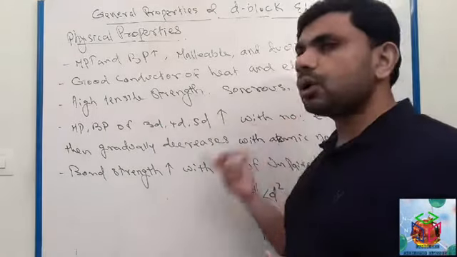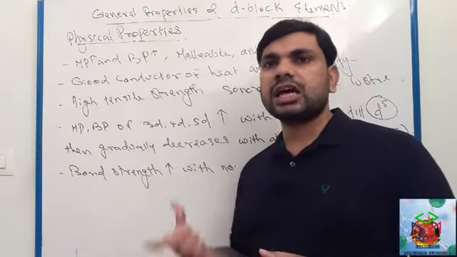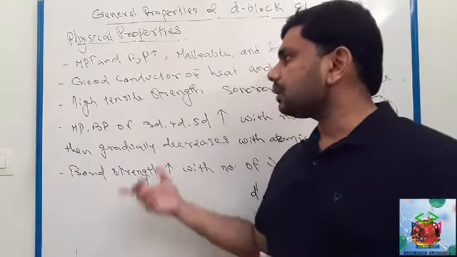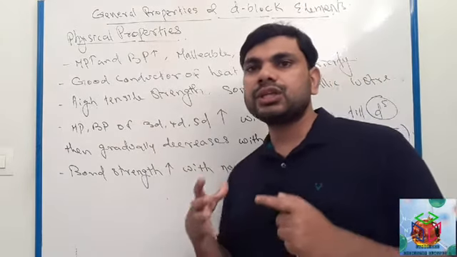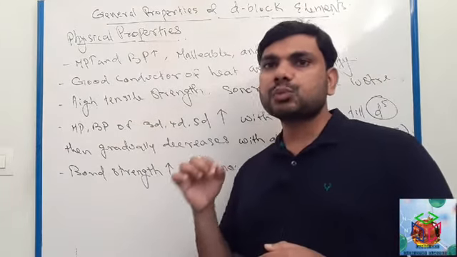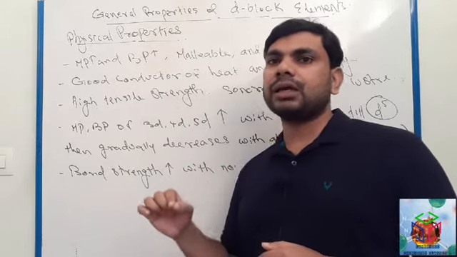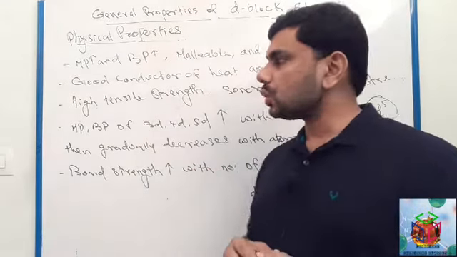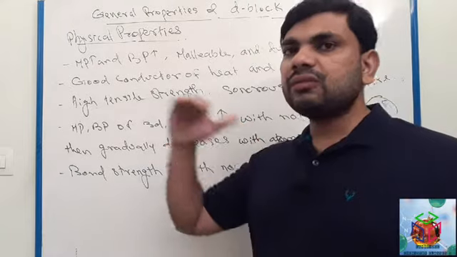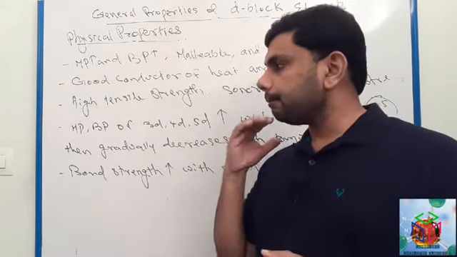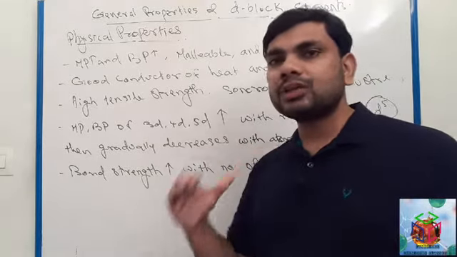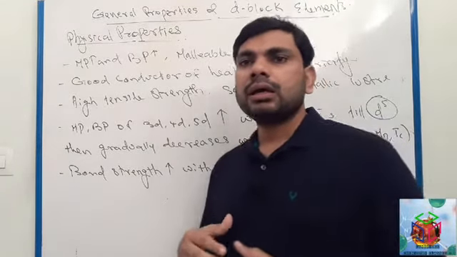And these d block elements are sonorous and have metallic luster. The melting and boiling points of the 3d, 4d, 5d series of d block elements increase with increasing number of unpaired electrons. So from d1 to d5 it will increase. After d5, melting and boiling points gradually decrease.